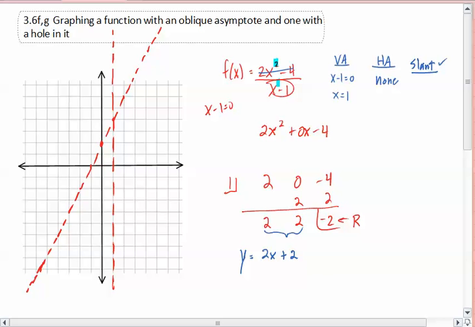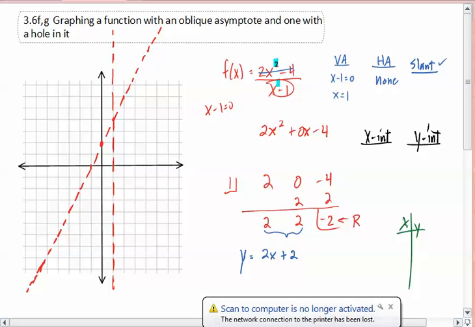All right, let's take a look at our x and y intercepts. And then we'll pick a few points to discover a little more about it. The x-intercept is when the numerator is equal to 0. Why? Because that makes the fraction equal 0, and that's what an x-intercept is.